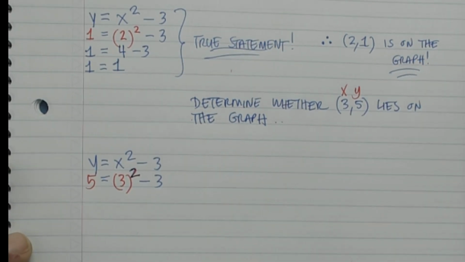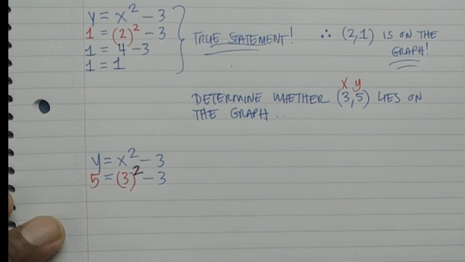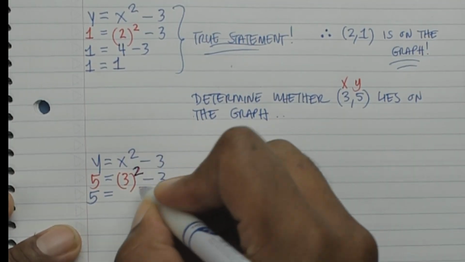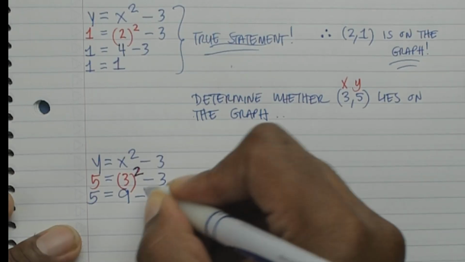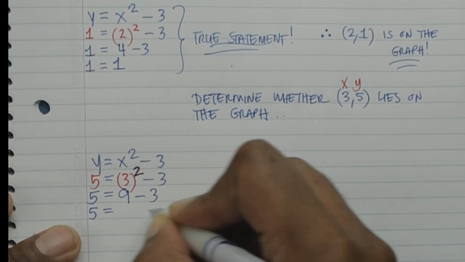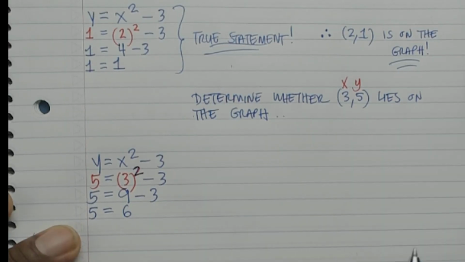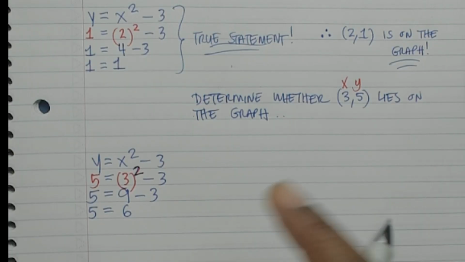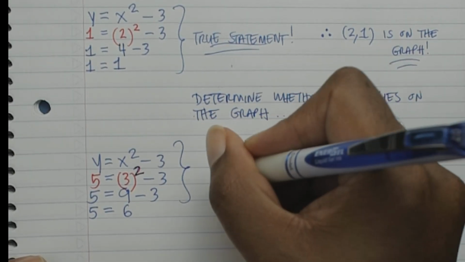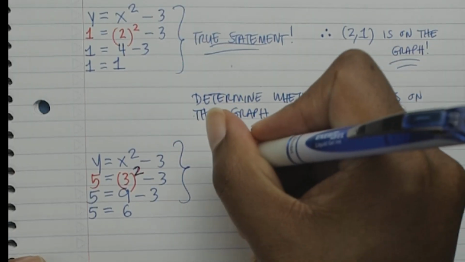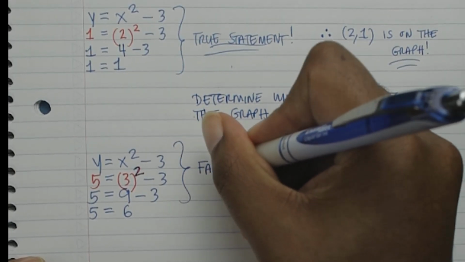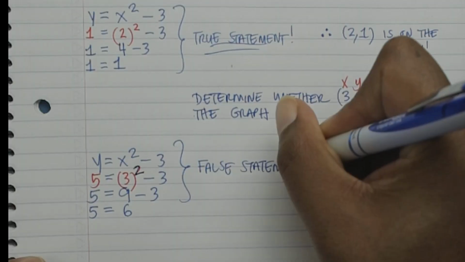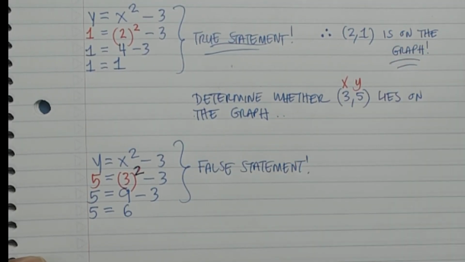Substituting our values into the equation, we have 5 equals 9 minus 3. So 9 minus 3 is going to give us 6. So notice the result of this one makes the statement false. So this is a false statement, right?